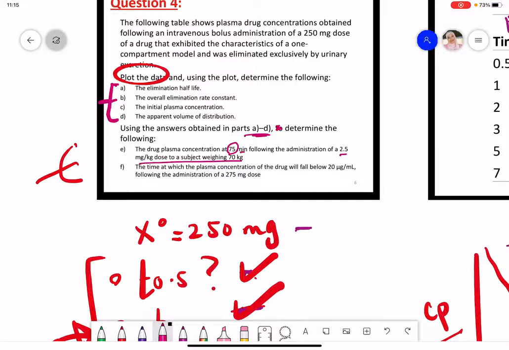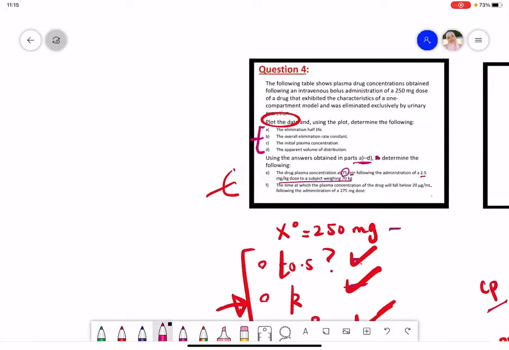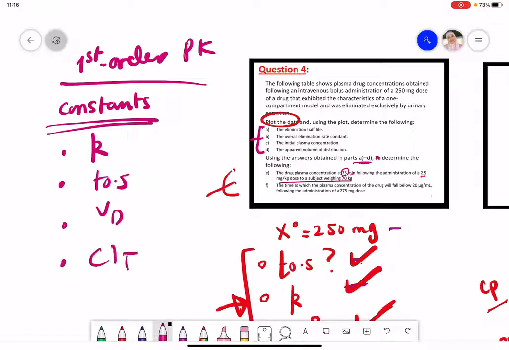Okay, before going to this, we know under first order kinetics, we have constant parameters, okay, which are K, half-life, elimination half-life, VD, and clearance, okay?